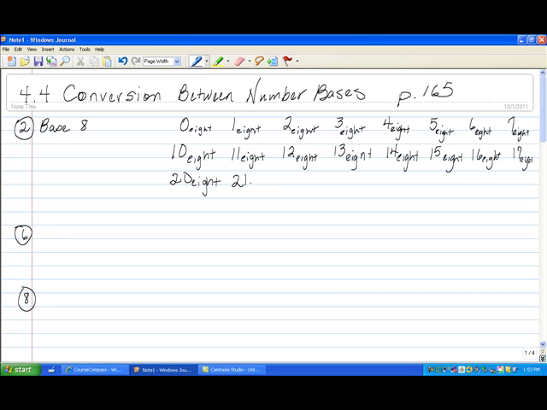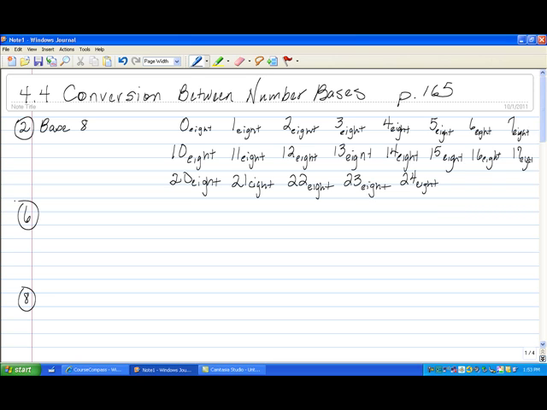This would be 17. We're getting close. 18. 19. And 20. So that's 2 eights, which is 16, plus 4 ones would give us 20. Okay, so that one is one of the tougher ones that you'll have to do.